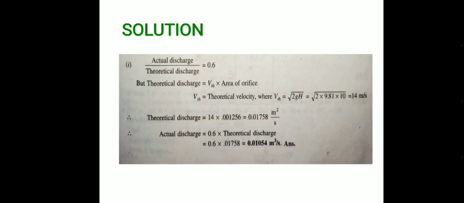We get actual discharge as 0.01054 meter cube per second. Also keep in mind that the value of actual discharge is always less than that of theoretical discharge.